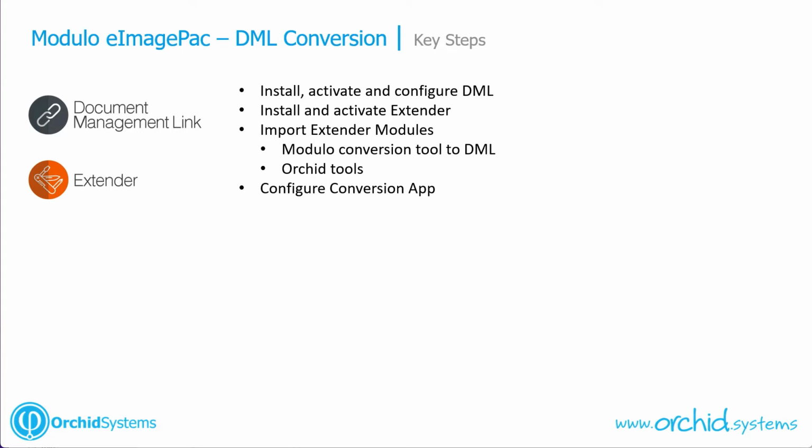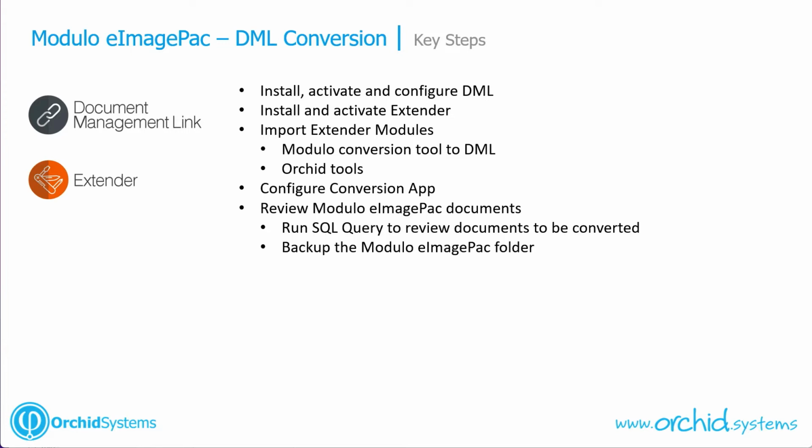Then you need to configure the conversion app to point to the required folders that you have configured for Document Management Link. Then you should review the documents that you're converting from, so all the Modulo files that you have and which ones you want to convert.